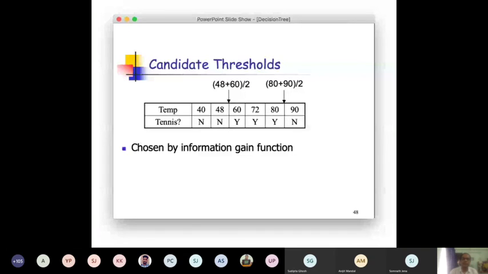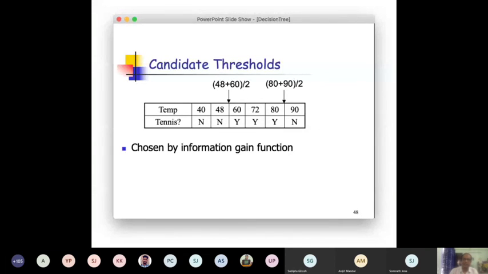That means you consider one candidate threshold, say (48 plus 60) by 2, and use that to measure the information gain with respect to temperature as a two-valued attribute, low and high with respect to that threshold. Then you find out what the information gain is.